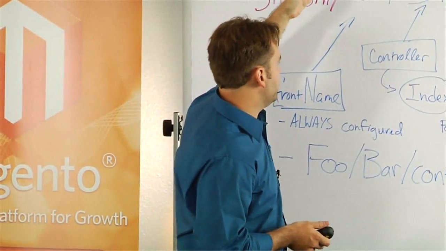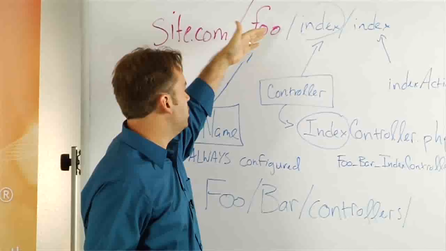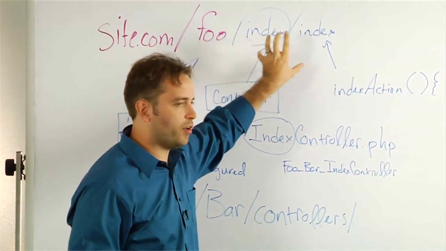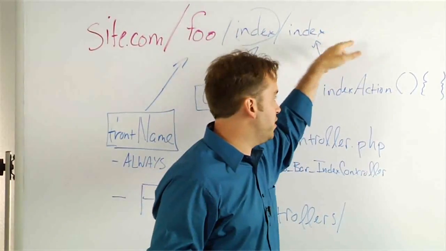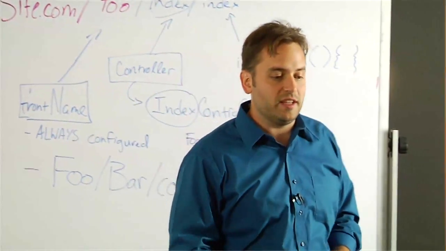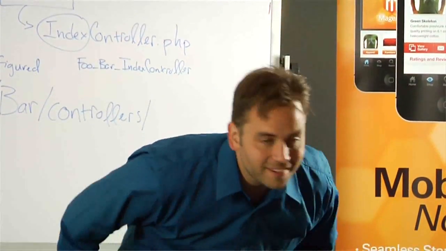Again, you would read it as front name, module, and configuration to controller file, and then eventually, this piece here will be the action. So, it makes a lot more sense once we start working with it, I think.